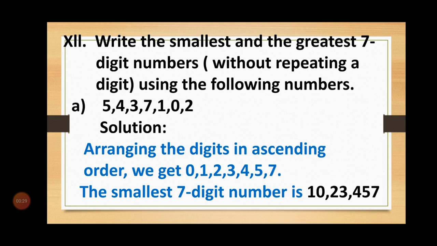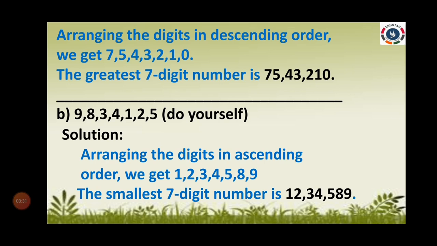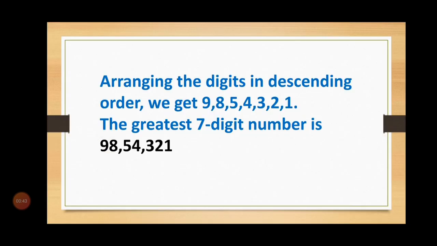The first sum I gave the answer, and the second one you did yourself, isn't it? Now check your answers with your classwork note, whether you have written correctly or not. If you have made mistakes, you have to change your answer.